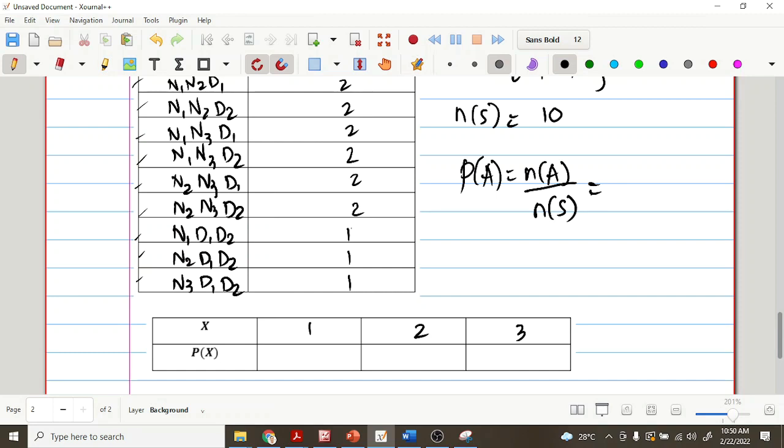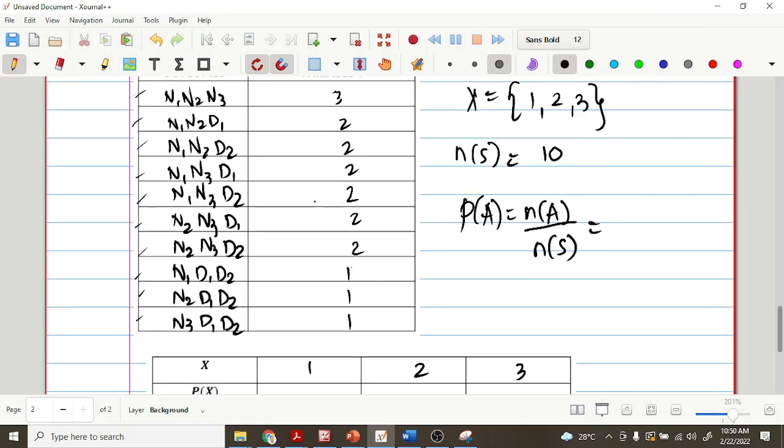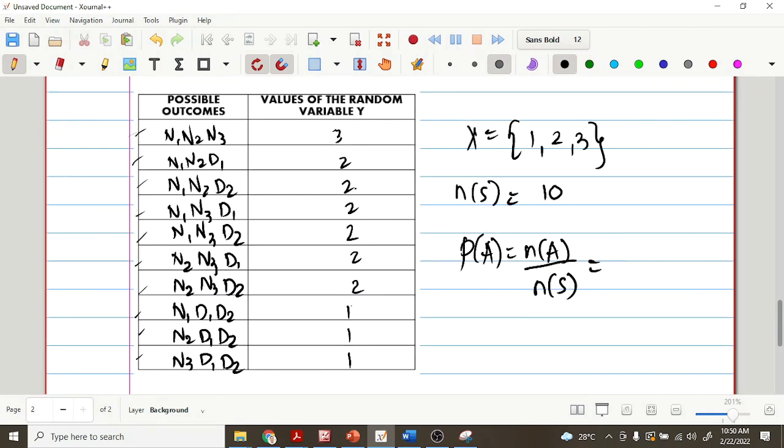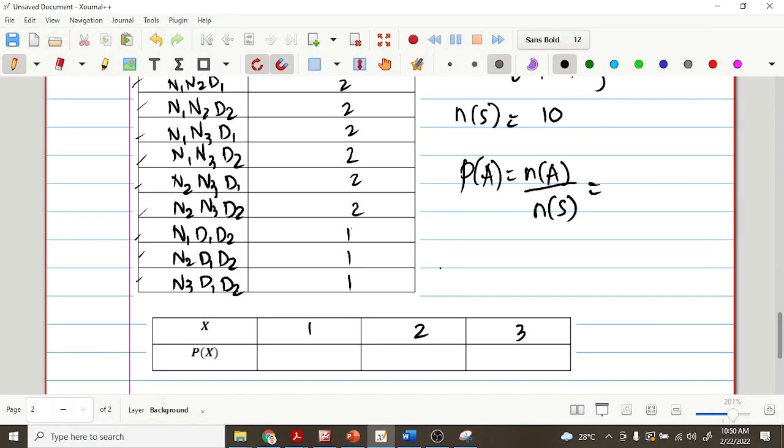Kung ang non-defective ay 1, ilan yung nag-appear doon na 1? So, we have 1, 2, 3. So, doon sa numerator natin, we have 3. And then sa denominator ay 10. We write here, 3 all over 10.